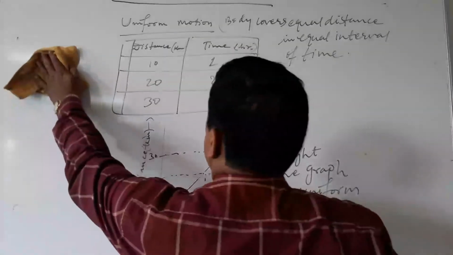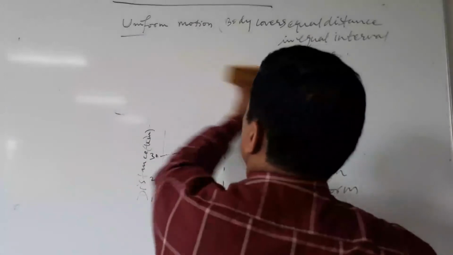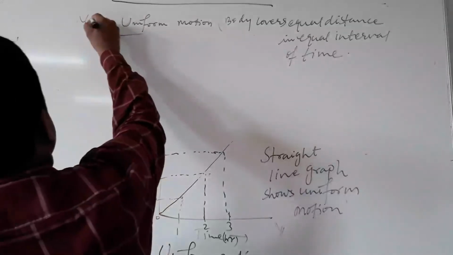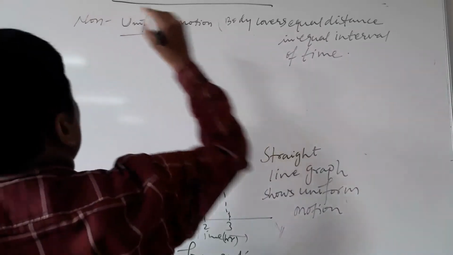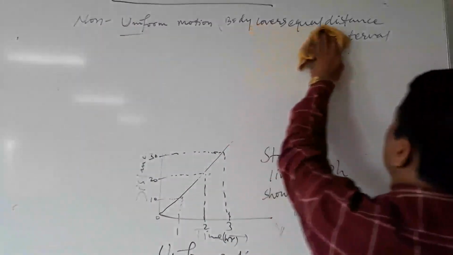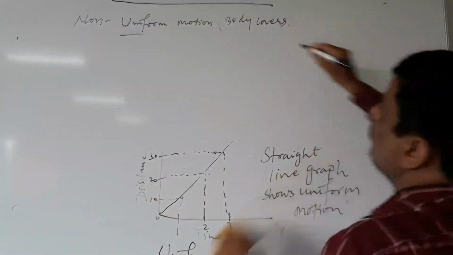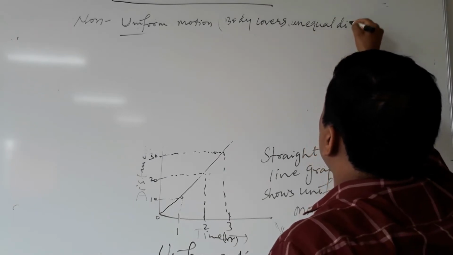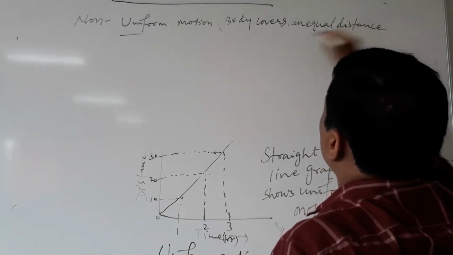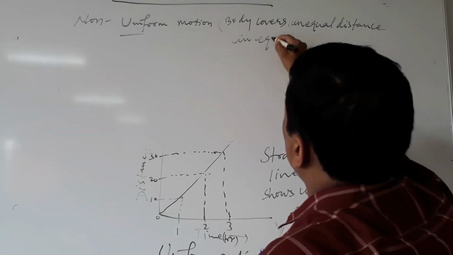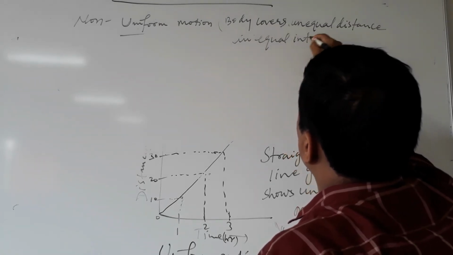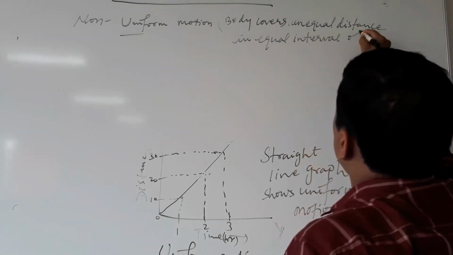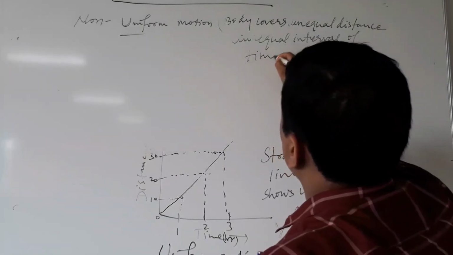Next, non-uniform motion. Only here body covers unequal distance in equal interval of time. Equal interval of time.